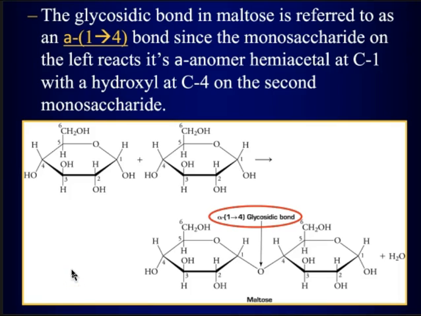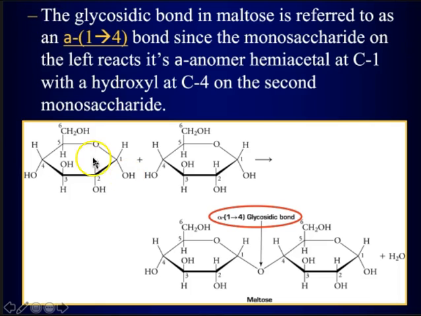Now you may have noticed a couple slides ago that there were a couple different ways that we can link this. We can link them from the bottom, or we can link them from the top. So we have to name or define what type of linkage we have. For our hemiacetal, if the hydroxide was on the bottom of the ring, we called it an alpha.